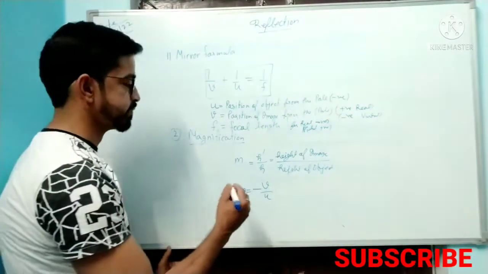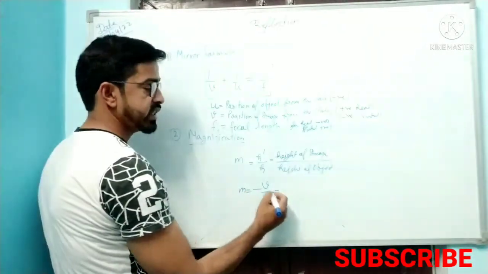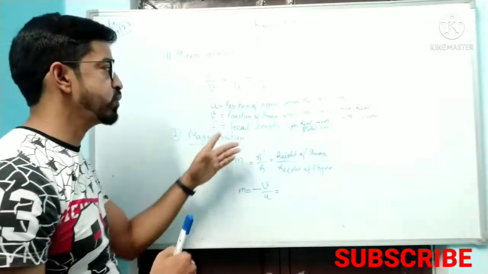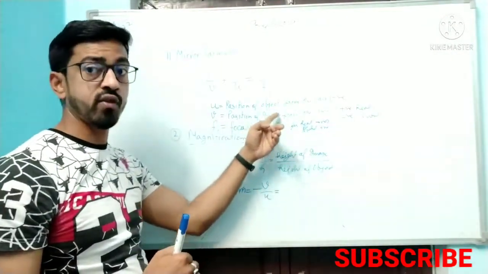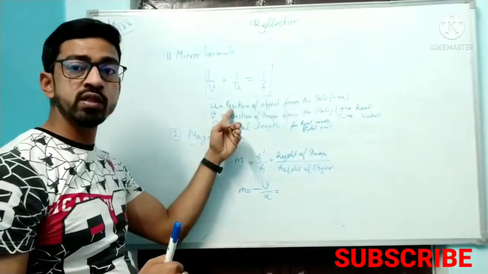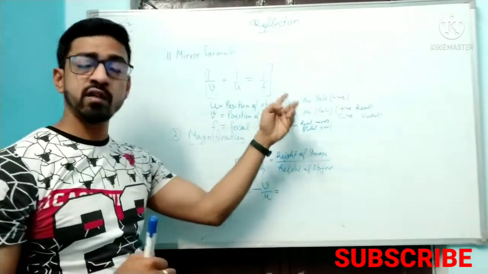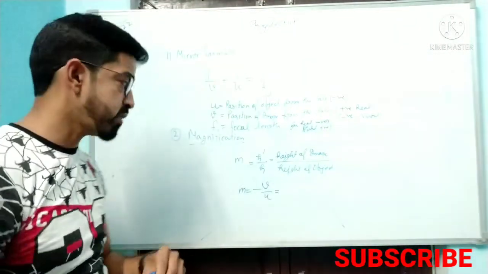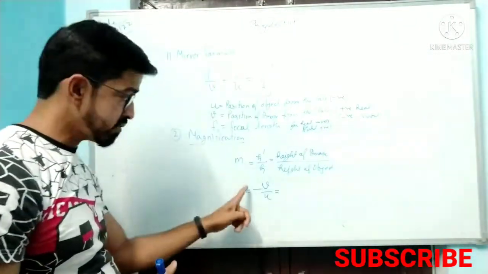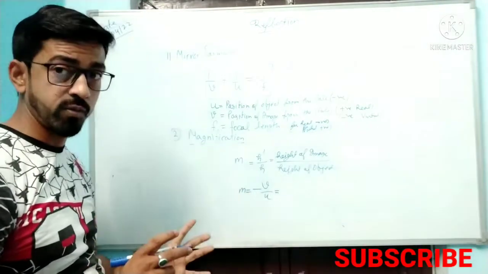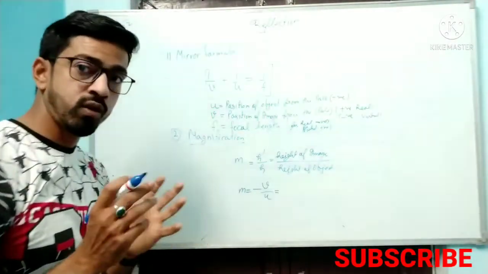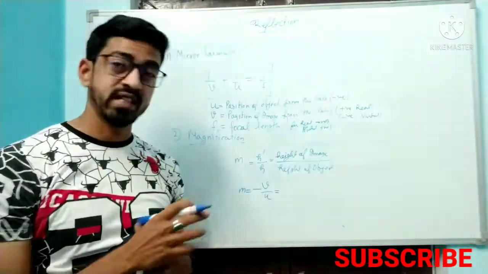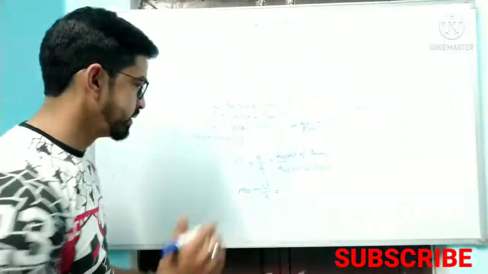Remember it. Okay. What do V and U denote? V is the position of image from the pole and u is the position of object from the pole, and its sign also depends. But this minus sign is already in the formula, so you also have to remember some basics of mathematics, plus and minus.